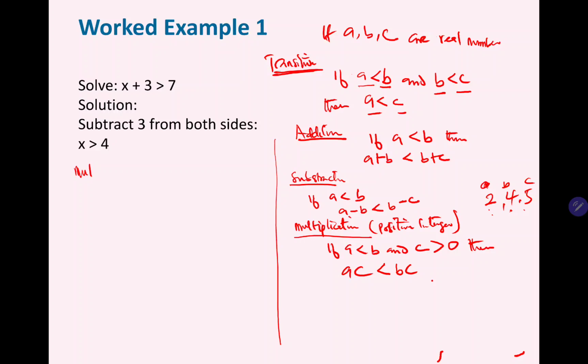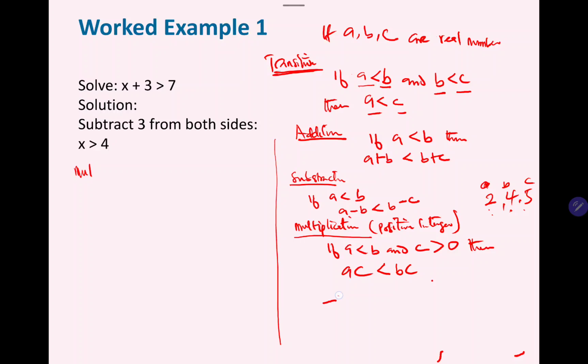Then, above all this, we have one very important rule in inequality, which we call the golden rule. It says that you should flip the symbol if you divide or multiply by a negative number. This is all we need to know in inequalities.